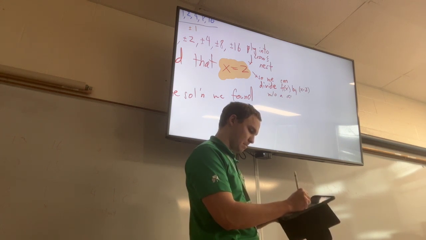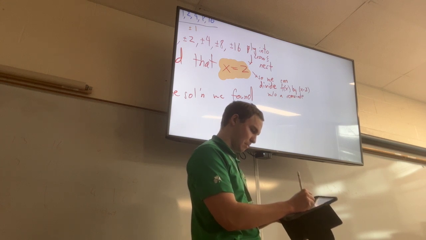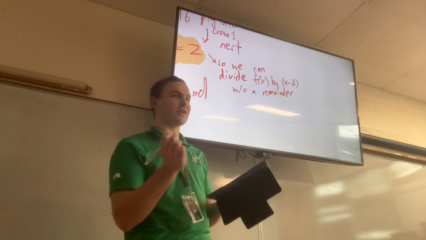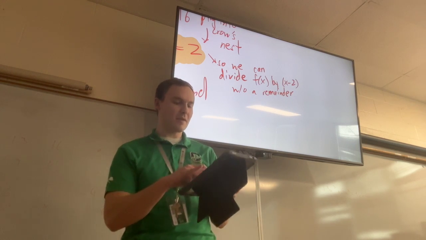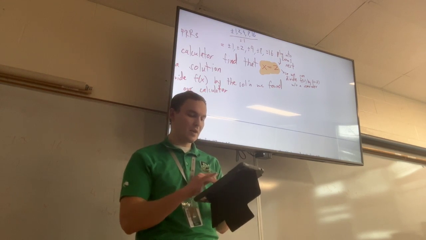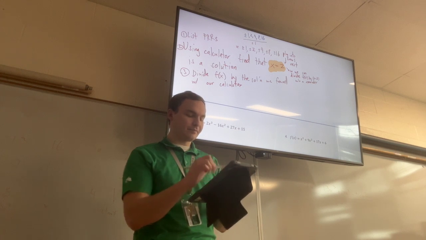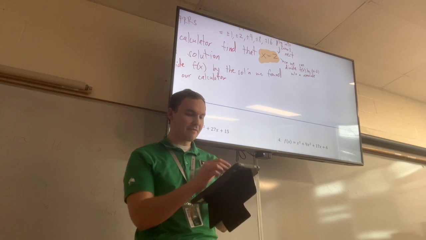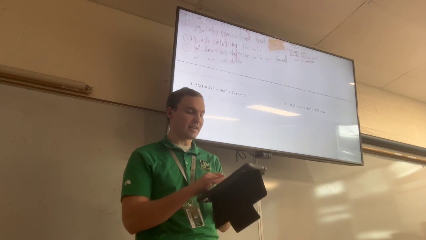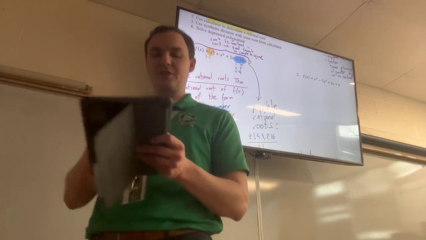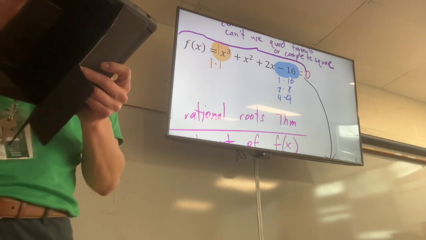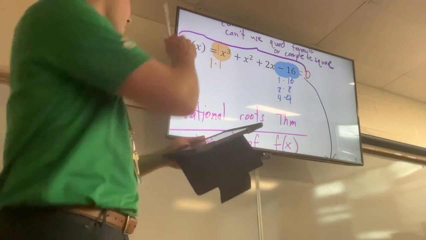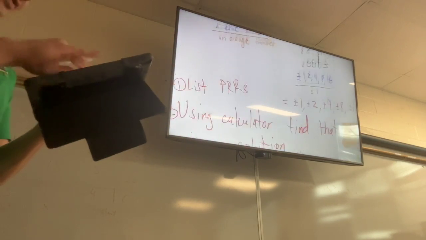Okay. So basically, x minus 2 is a factor of f of x, okay? It's going to be a factor of f of x, okay? Now, what we're going to do is divide f of x by x minus 2 using synthetic division, okay? Synthetic division. So I start right, I write out the coefficients of my polynomial, so 1, 1, 2, and negative 16.